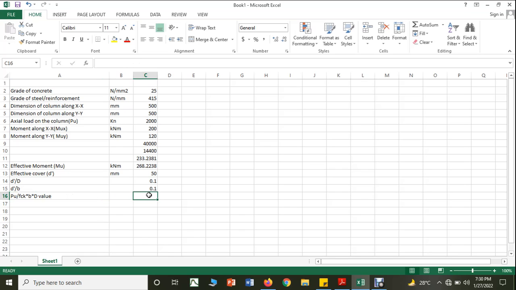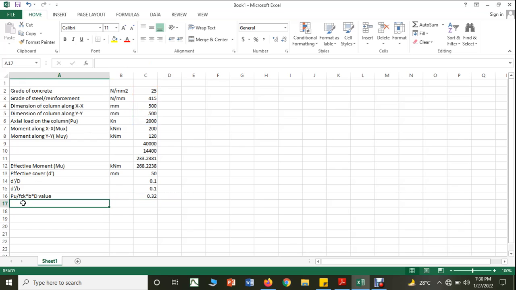There is no unit, so I can write Pu as 2000 into 1000 divided by fck into b into d, and I get 0.32.